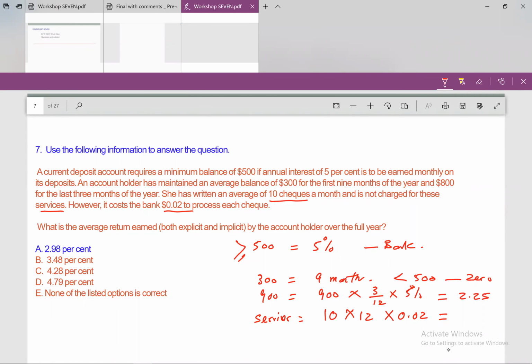And this one is actually 2. So actually you have 425. Now, how much is the outstanding balance?